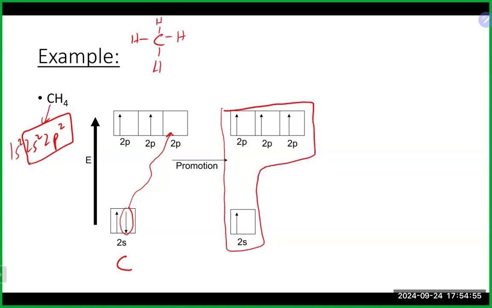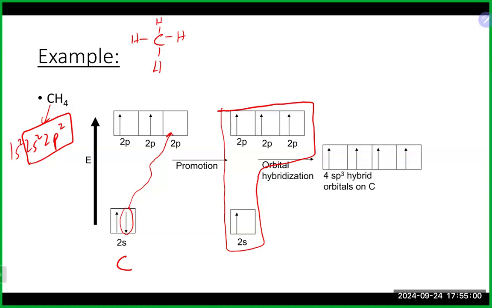They will all 4 go through hybridization, and that's going to give us 4 equivalent sp3 hybrid orbitals, each of them with the ability to bind to a hydrogen, basically a 1s orbital of hydrogen in that case. So tetrahedral electron pair geometry correlates to sp3 hybridization. Any questions on that there?